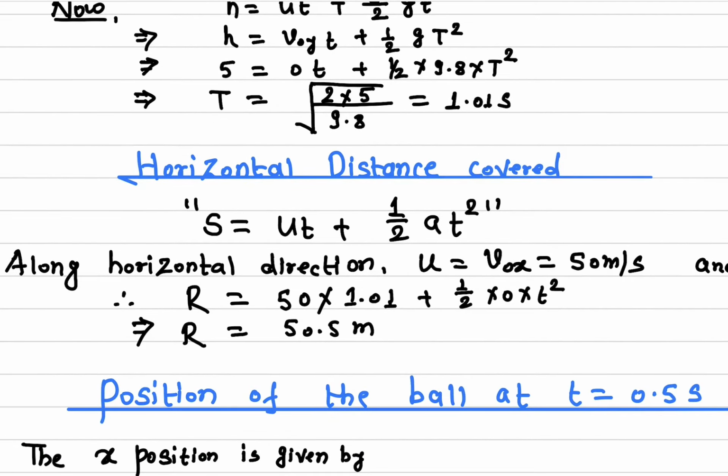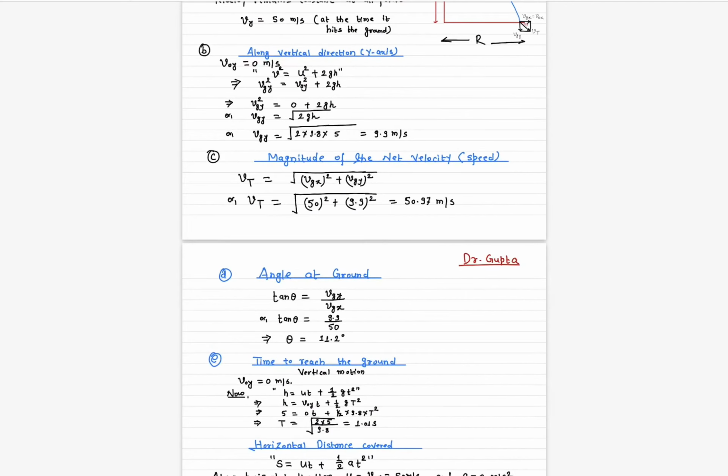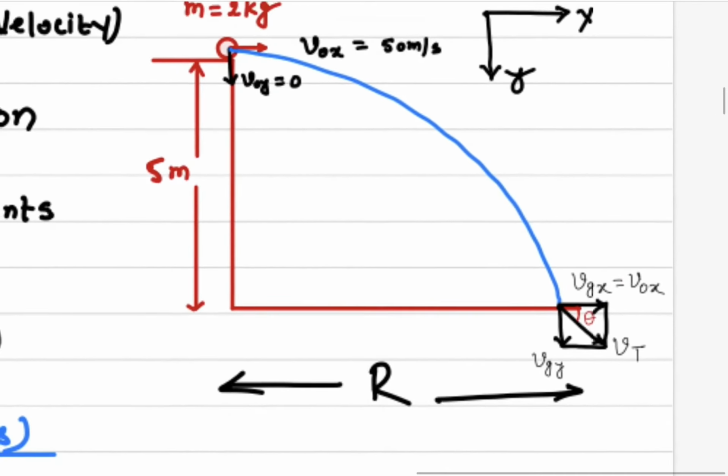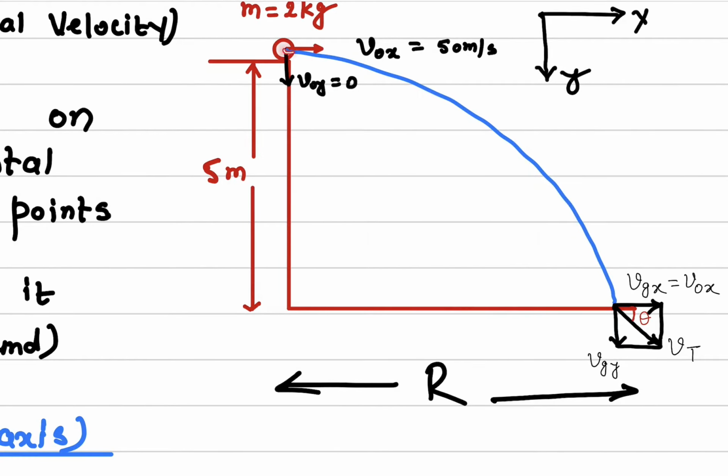Now we have to find the horizontal distance covered. What does this mean again? Let's take a look at the picture one more time. When the particle is coming down, it is not moving in a straight line, it is moving in a parabolic path. The horizontal distance it covered is this distance. So how are we going to calculate this r?